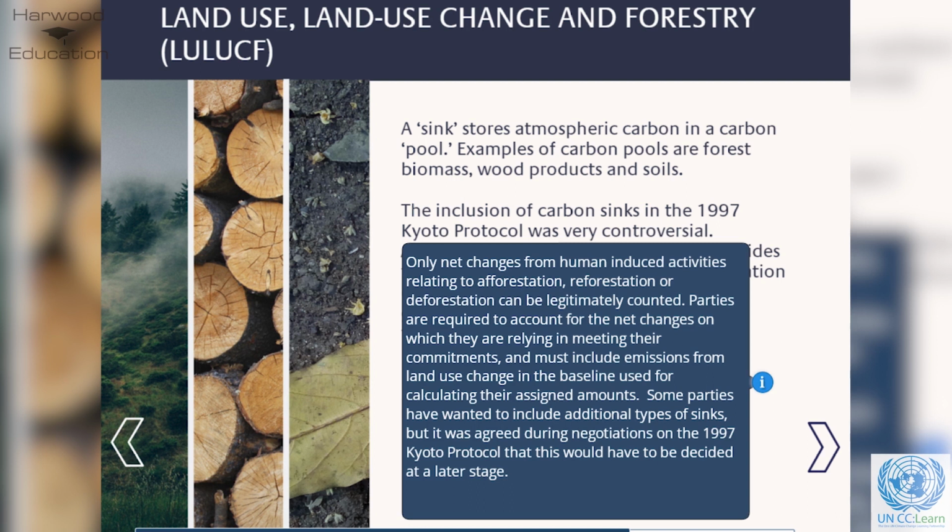Only net changes from human-induced activities relating to afforestation, reforestation, or deforestation can be legitimately counted.